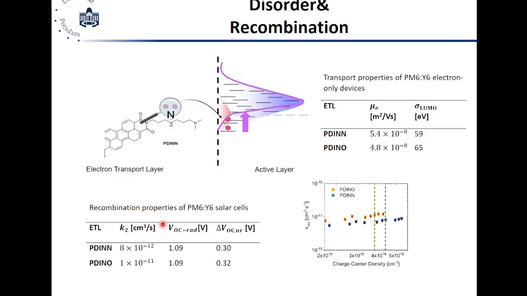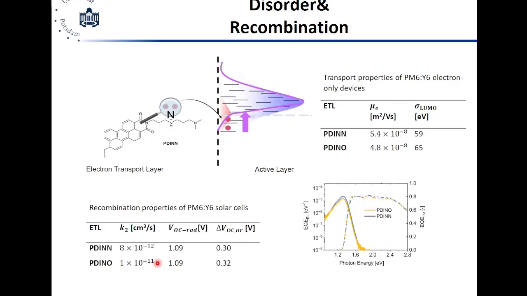Now moving on to the recombination properties, we measured the bimolecular recombination coefficient and measured a smaller coefficient for the PM6Y6 with PDNN. Bimolecular recombination has contributions from both radiative and non-radiative channels.